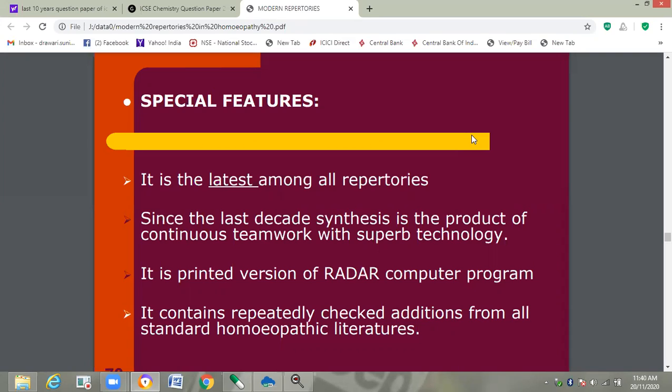And in this 9.1 version, about 10,66,987 remedies are there in the Synthesis 9.1 version, and the number of author occurrences is about 17 lakh 73,453.